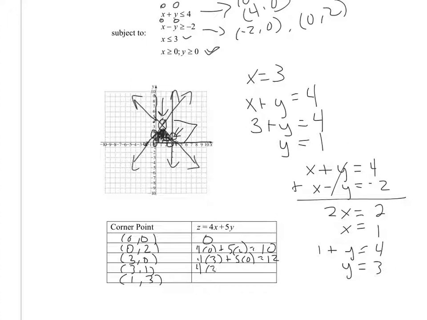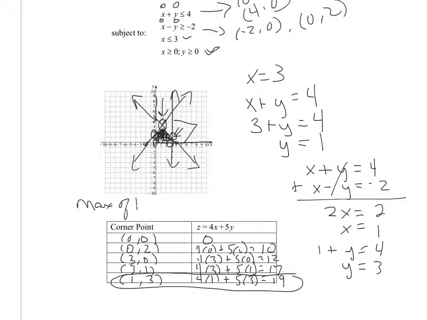If I plug in 3 for x and 1 for y, 12 plus 5 is 17. And if I plug in 1 for x and 3 for y, I have 4 plus 15, which is 19. This is going to be my maximum. So we have a max of 19 at the ordered pair 1, 3.